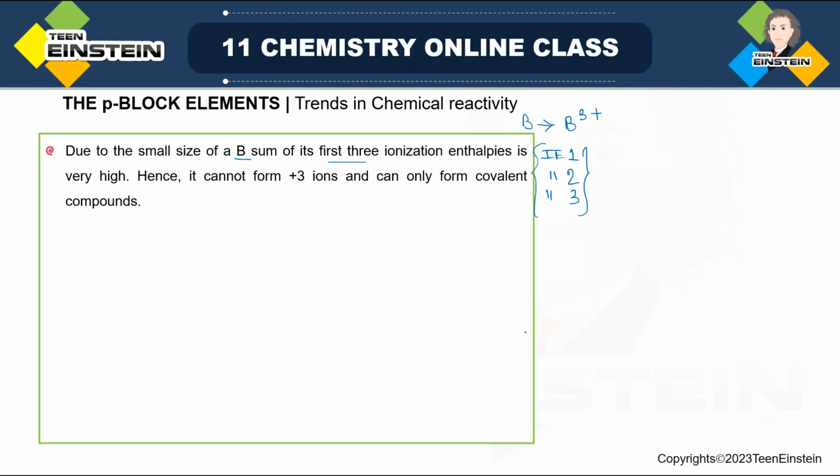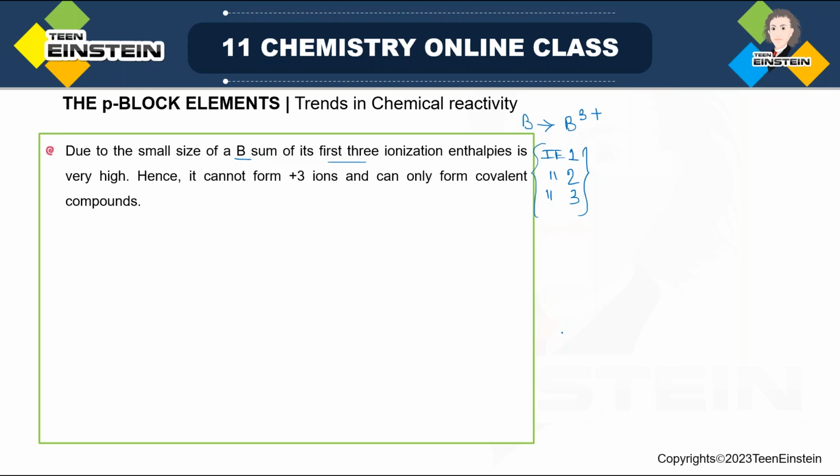And when we say covalent compounds, there is actually no free cation like this, because in covalent compounds there is actually sharing of electrons in the covalent bonds. So when it is very difficult to remove electrons, and this type of B3+ free ion formation is difficult, then obviously it has to make covalent compounds.